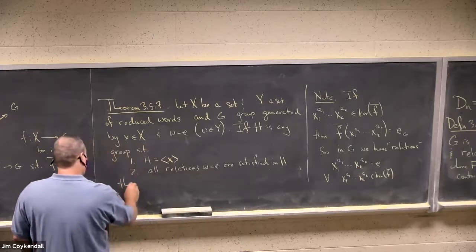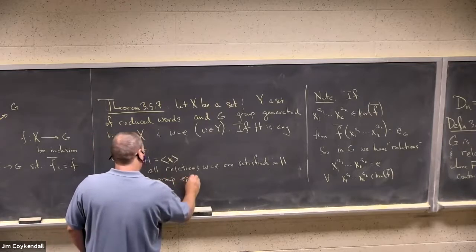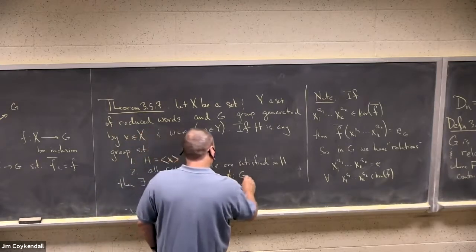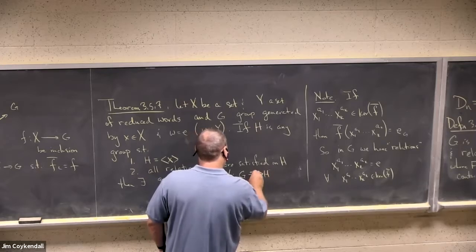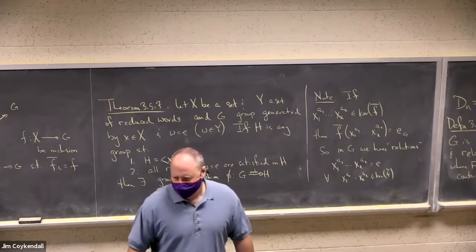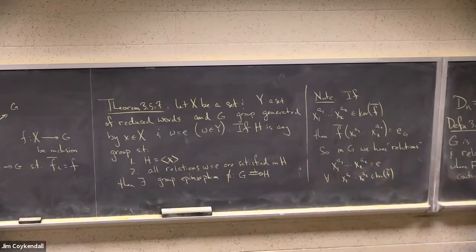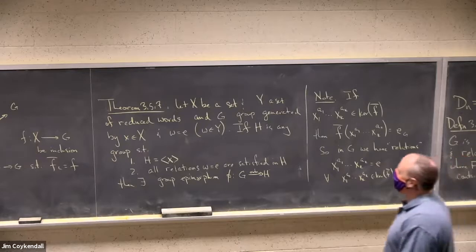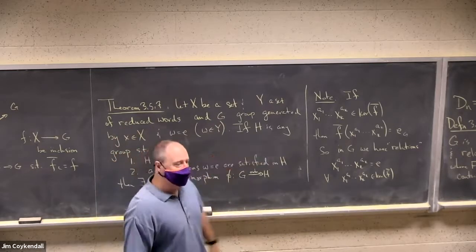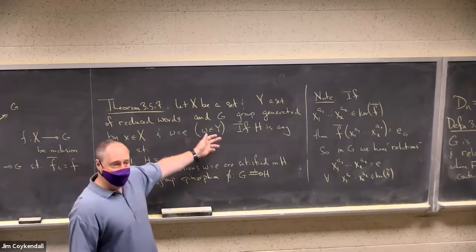then there exists an epimorphism from G onto H. Okay, so what this theorem says is when you build this group G, generated by this set and these relations, that's the group presented by X and Y, if you will.